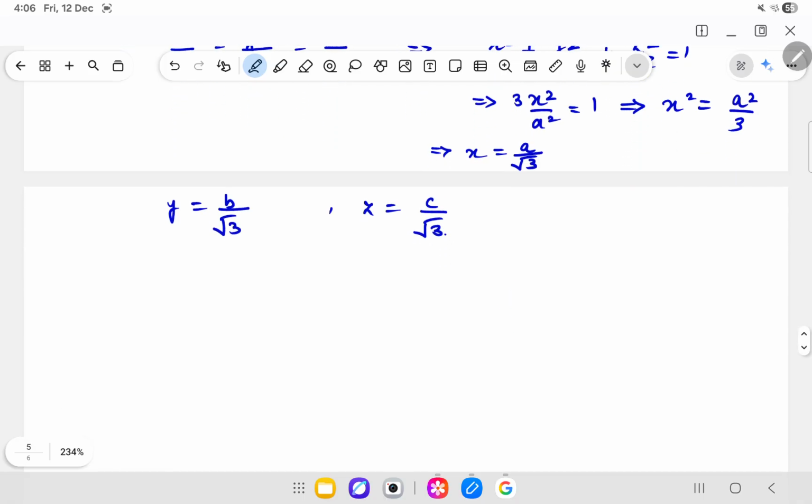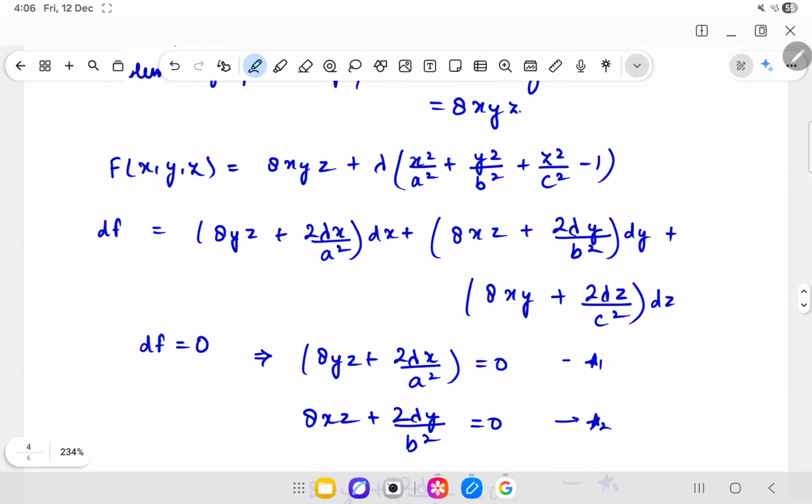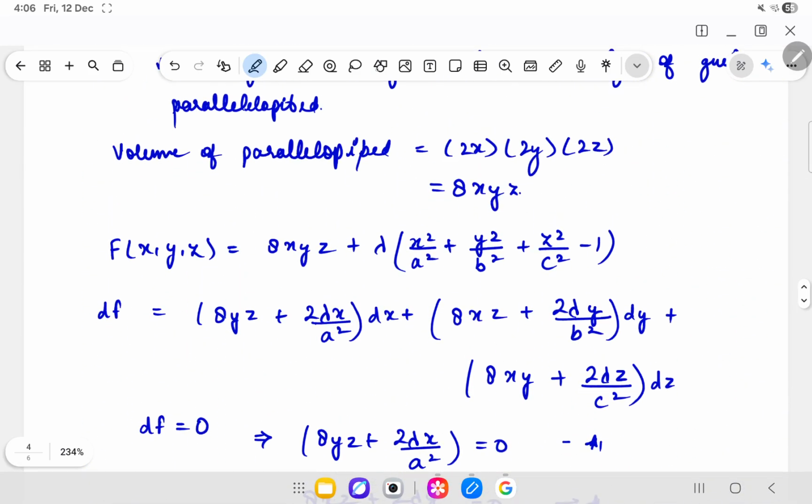Now I need to calculate d square of F. That will be the differentiation of dF, so let me copy it first.